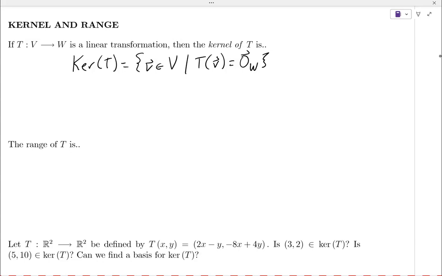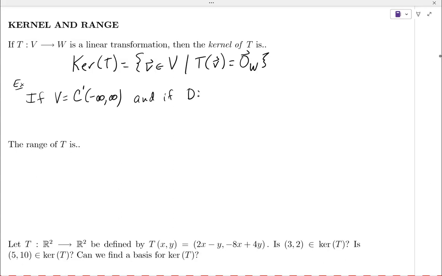So to give you a quick example of something that will be a little bit non-standard, I guess. If your vector space is your set of differentiable functions, that's what we denote by C1, right? The set of differentiable functions on the real line.